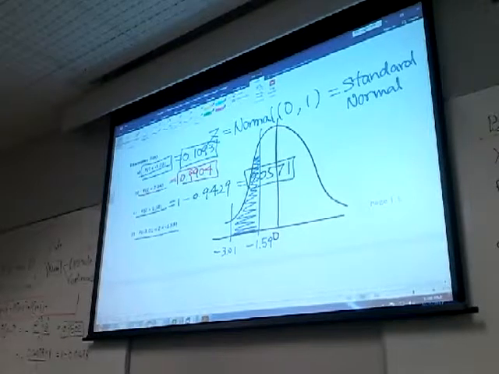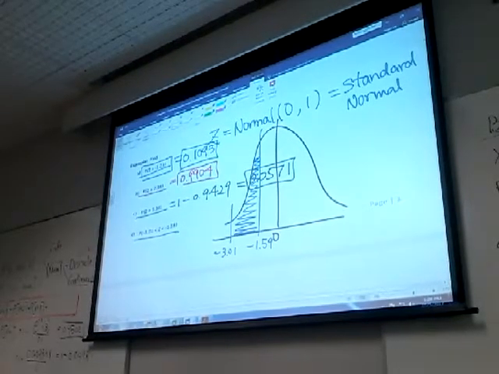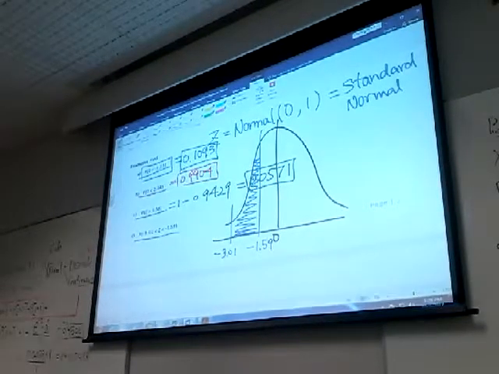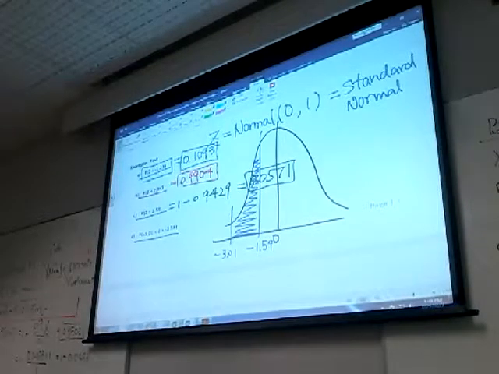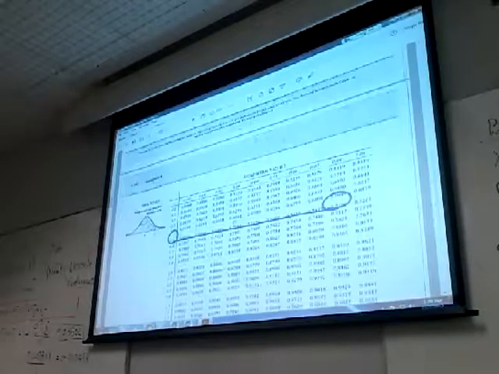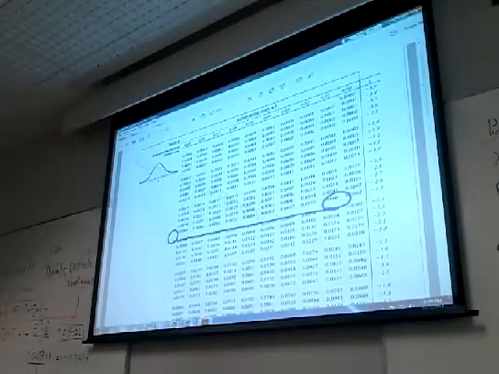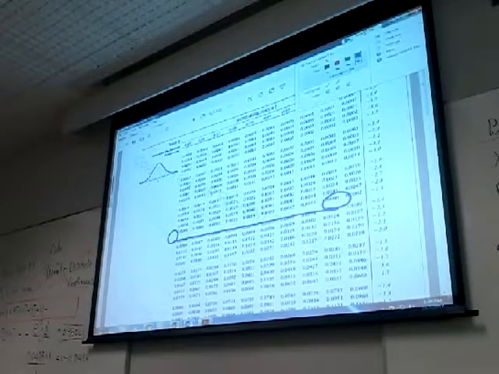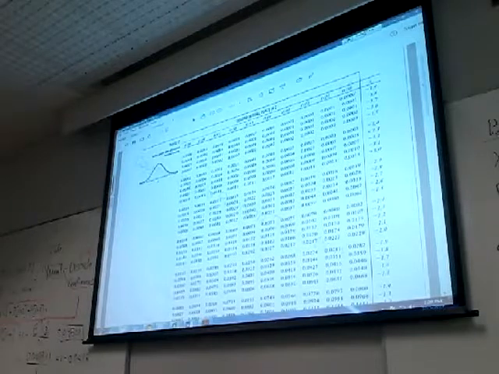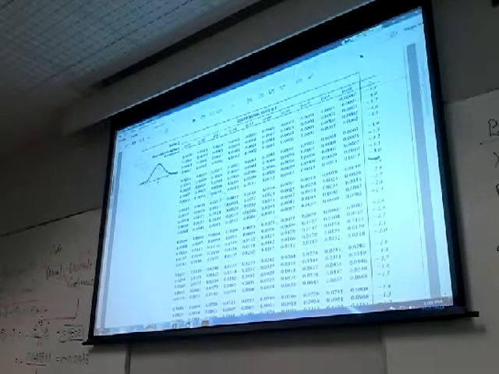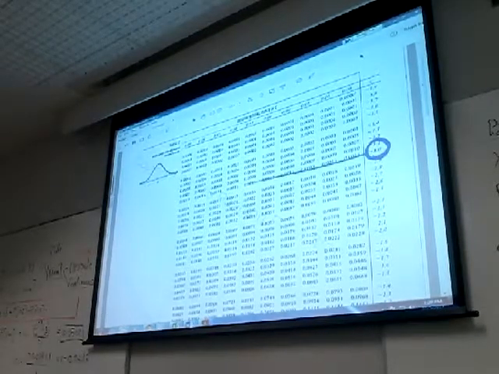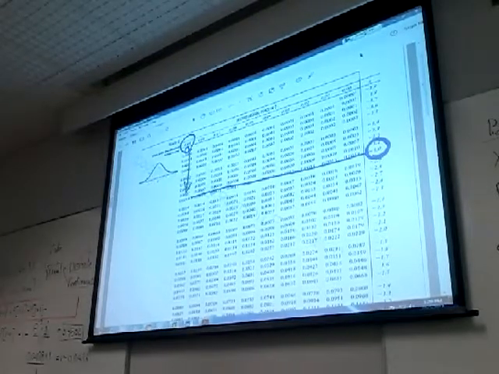Can you understand where we need the probability? In the middle between negative 3.01 and negative 1.59. Let me take the probability at negative 3.0 and 9.